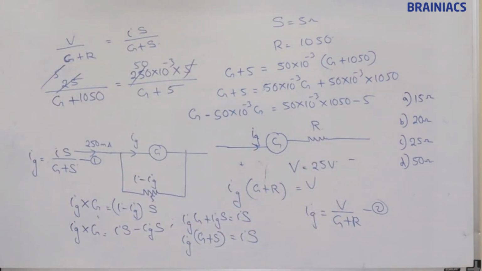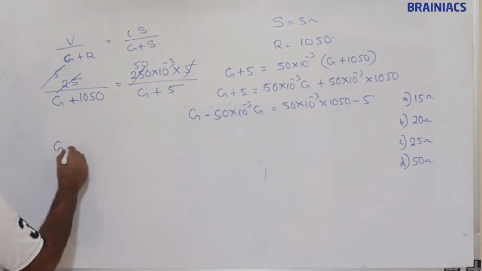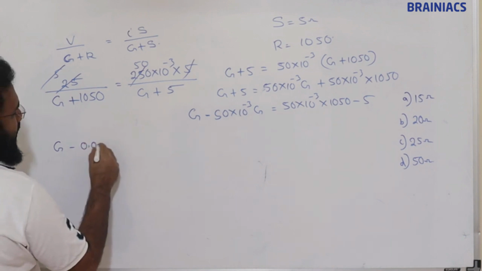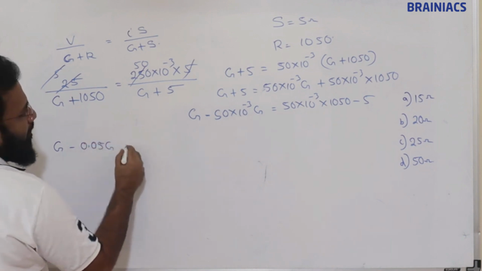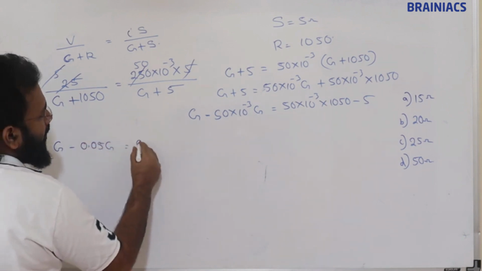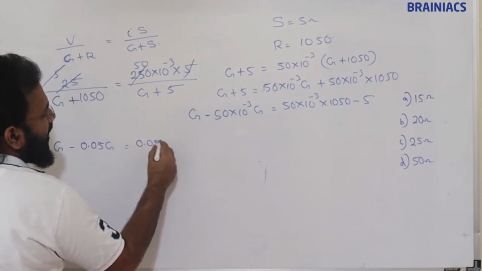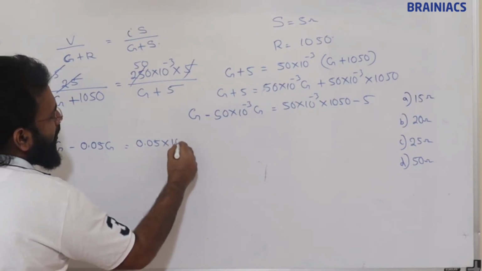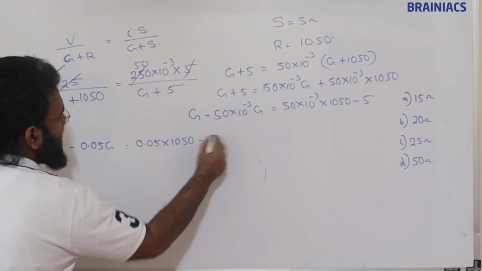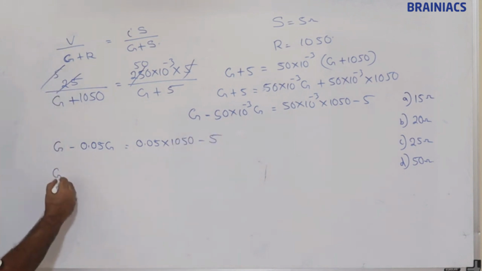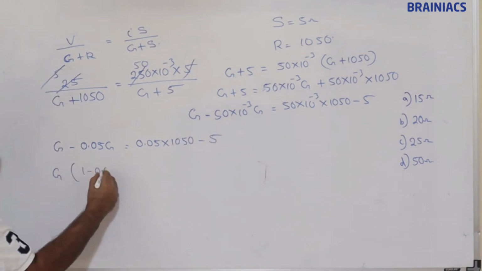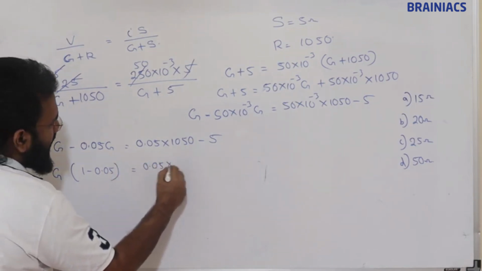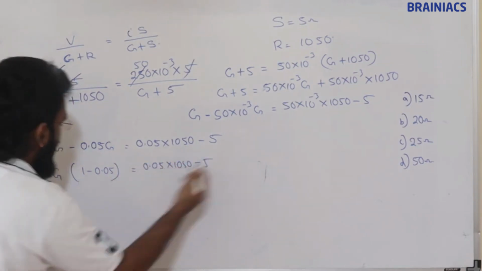Correct or what? Now G minus 0.05 G is equal to 0.05 into 1050 minus 5.